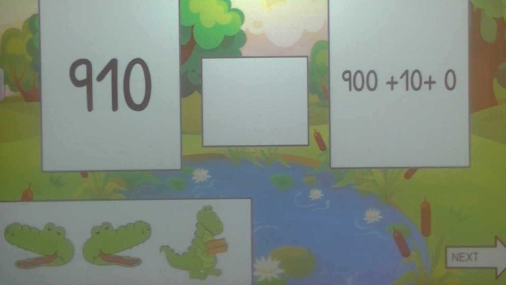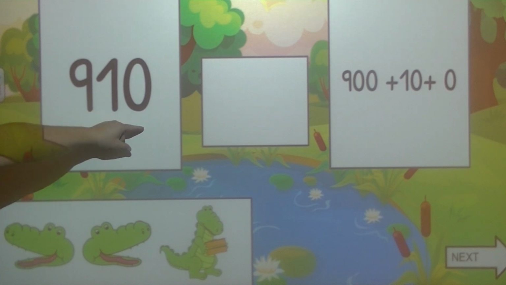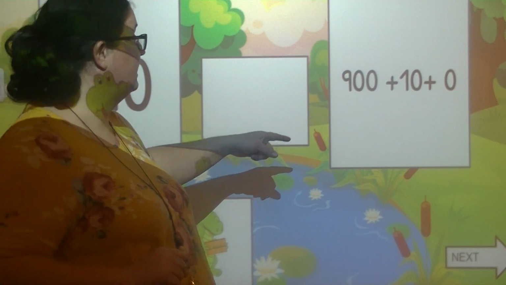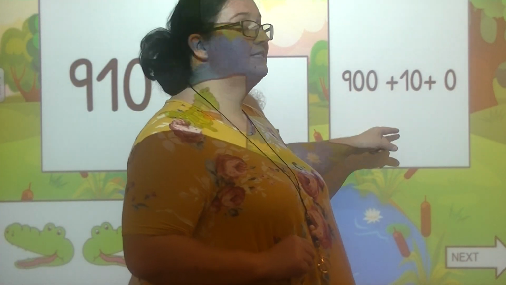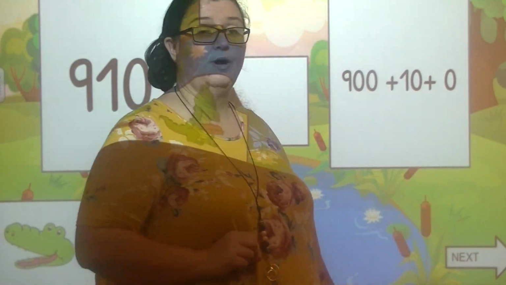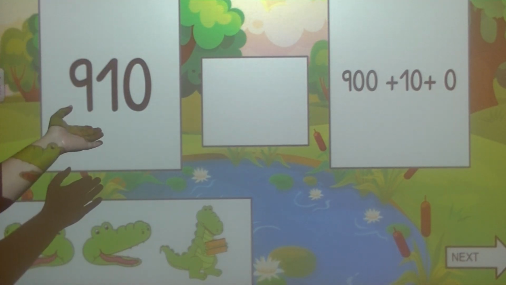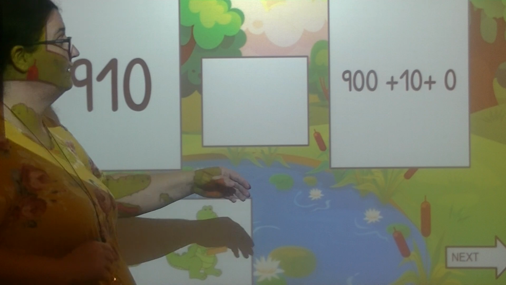All right, now let's look at this one. Read it. 910 is what then 900 plus 10 plus 0. All right, we already have this one written as a number. Let's make this one into a number.